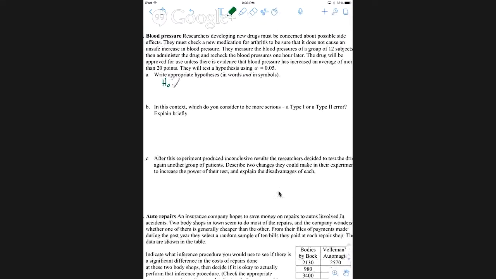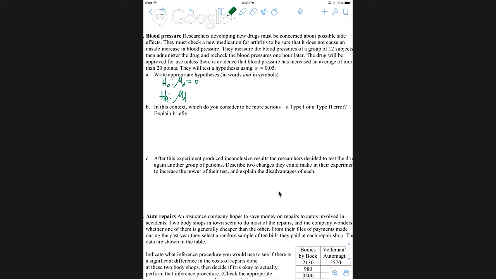I would say that mu difference equals 0. And the alternative hypothesis would be that mu difference is, you know, it all depends on how you put mu difference.